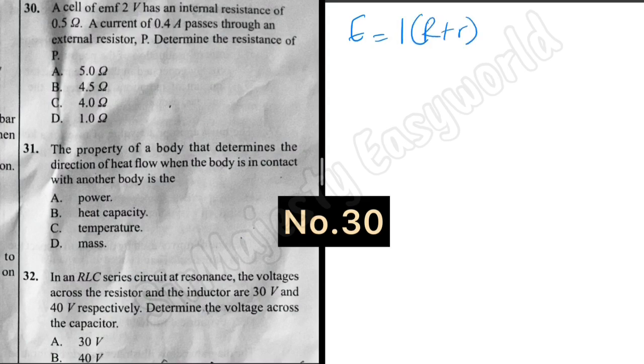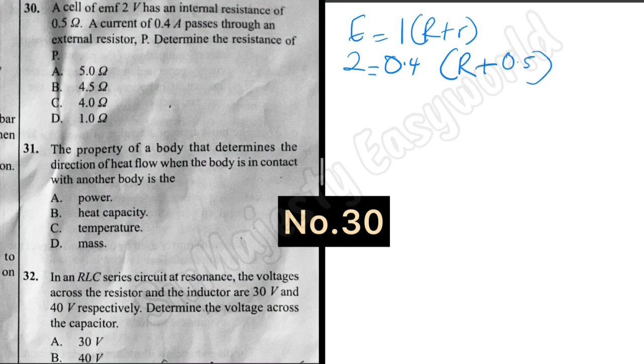The small r is the internal resistance, and our E here is the EMF. The EMF is 2 volts, and our I in this question is 0.4 amperes. The resistance of P was not given, so I'm going to leave it as capital R, but the internal resistance was given as 0.5 ohms.